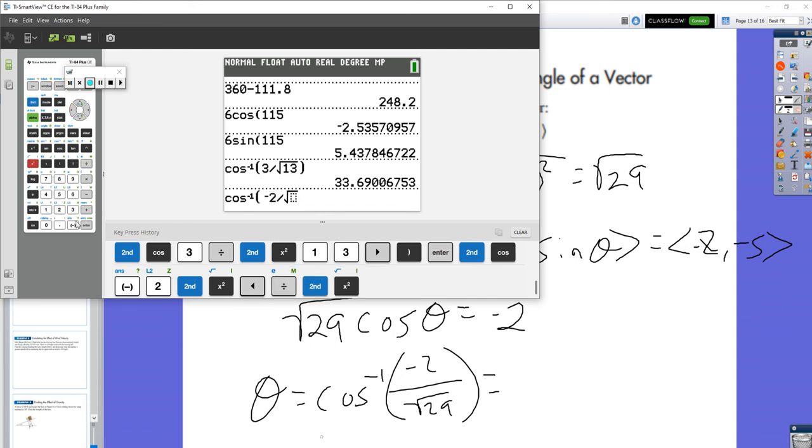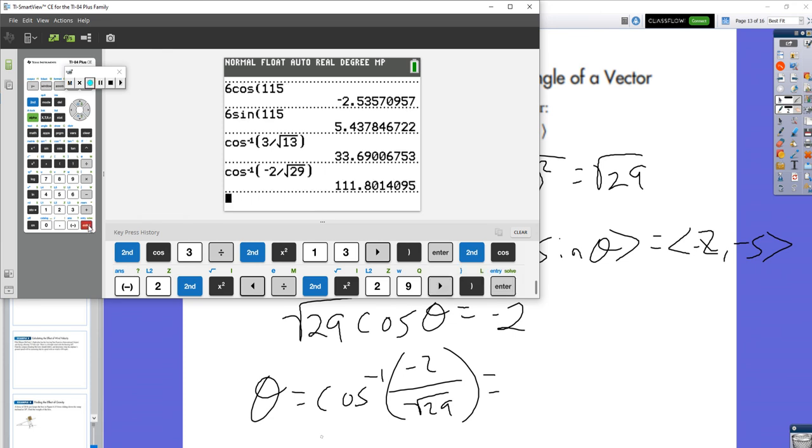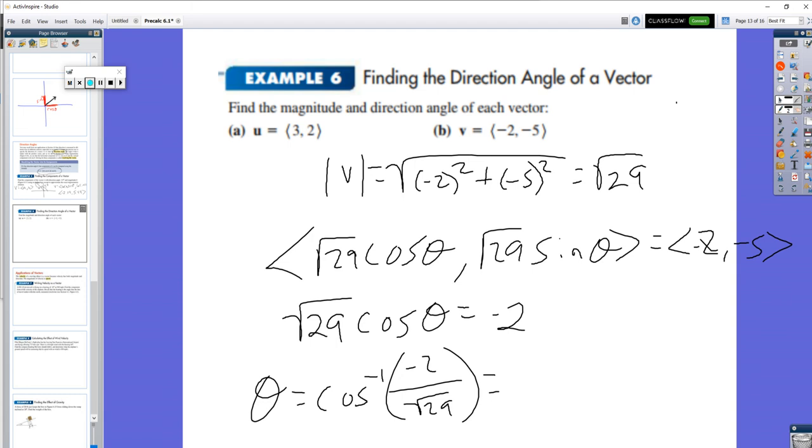Divided by root 29. Look at what happens here. You get 111. Well, 111 is not in quadrant 3. 111 is in quadrant 2. But we know that a vector that is going to have -2, -5 is going to be in quadrant 3.